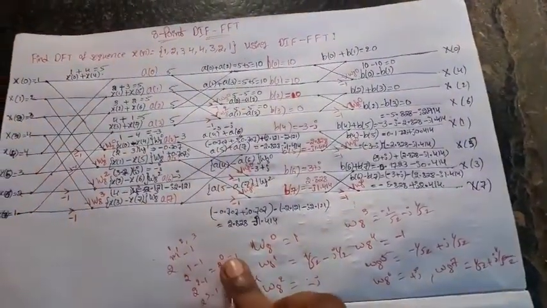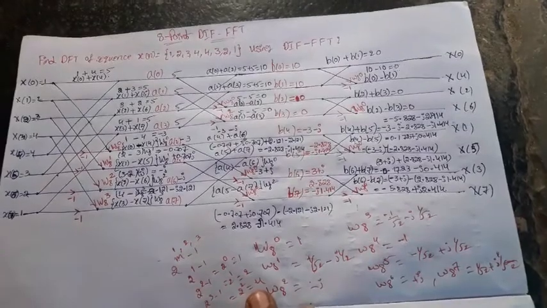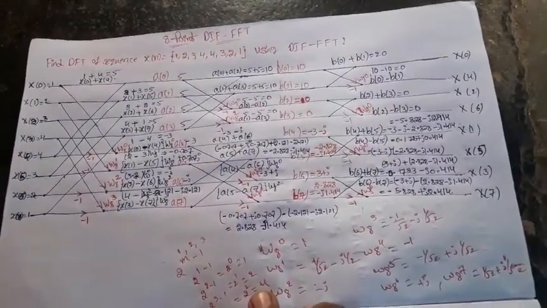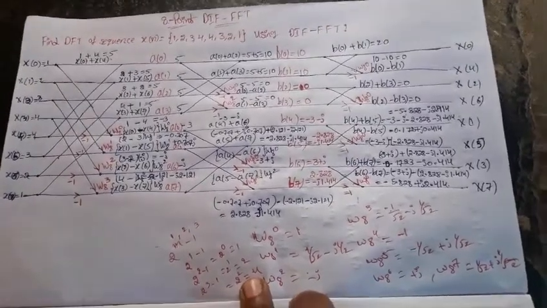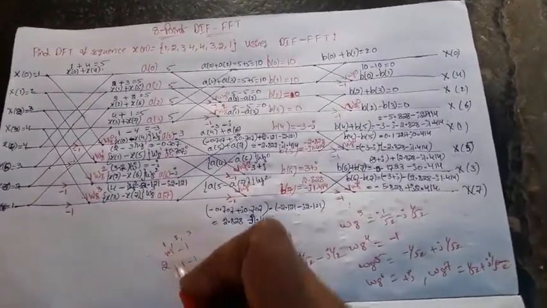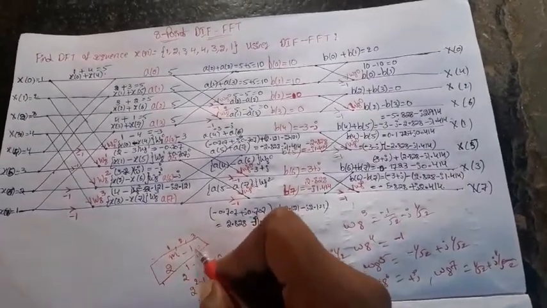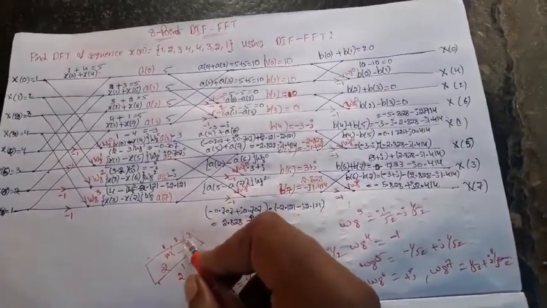This is for stage 1, stage 2, stage 3. These are the number of butterflies and exponent values. To find the exponent values we use this formula, 2 to the power of m minus 1, where m values are 1, 2, 3.